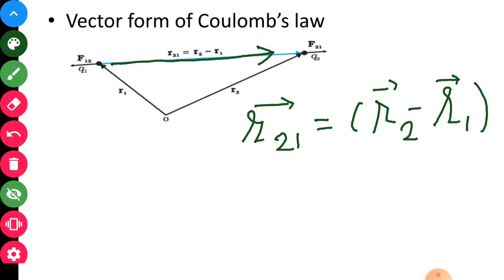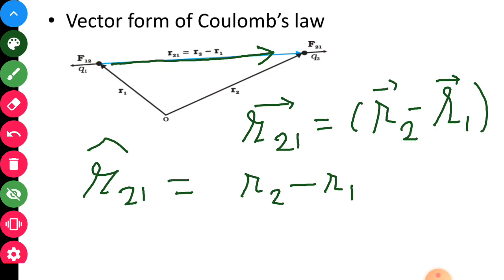Now if you find the unit vector of vector R21, it becomes R2 minus R1 upon magnitude of R21.